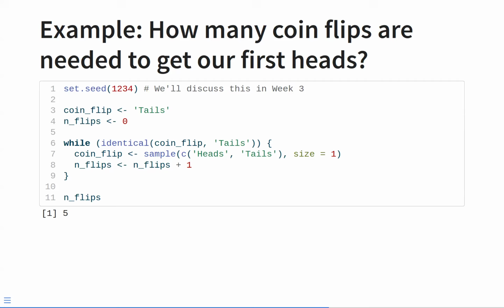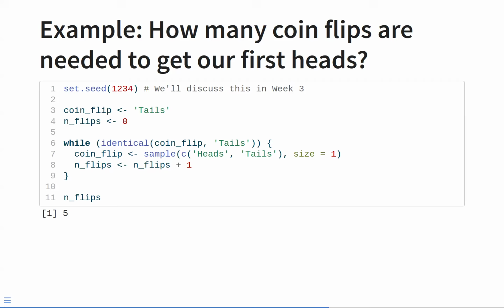I'm doing that in line 7, and I'm using a command called sample that we haven't met yet, so don't worry too much about the syntax of that sample command. But basically what I've done here is I have set up a variable nflips that is equal to 0, and I have set a variable called coinflip that is initially equal to tails.